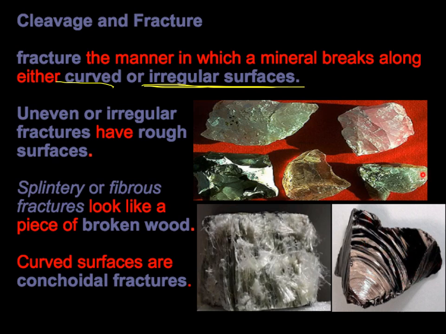All this is fracture. Fracture is just like breaking, like your bone would break, or like a piece of wood would break. It's not going to break nice and smooth. Nice and smooth is cleavage. Breaking in a way that looks jagged, rough is fracture.